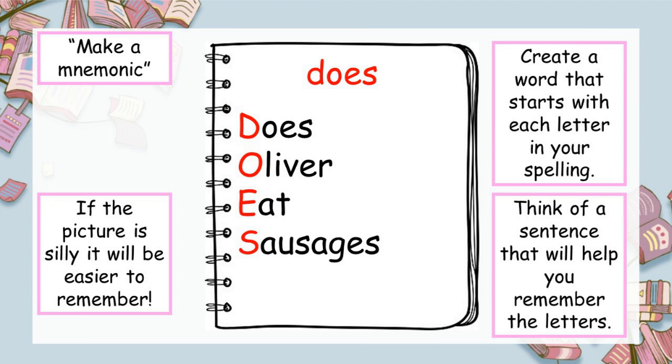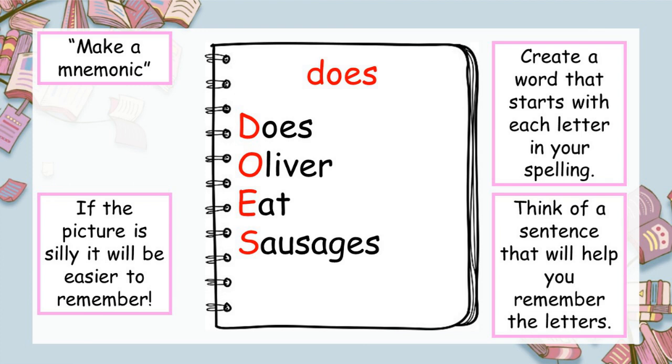So this is really easy for me to remember because every time I see the word does, I think of my cousin Oliver eating sausages. Now, when I need to spell this word, does, in the future, I just say in my head the sentence, does Oliver eat sausages? And I use the first letter from each of those words to spell the word.